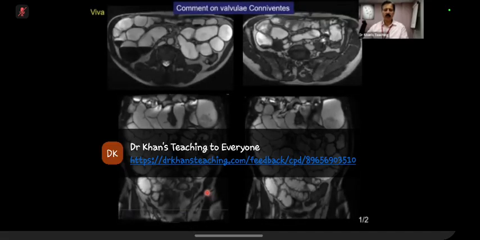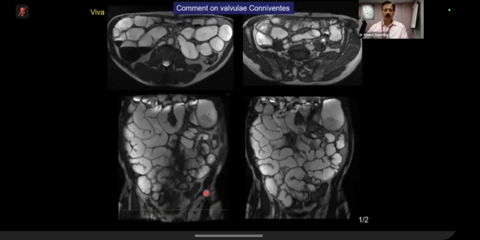This, on the other hand, is a case of celiac disease, and it is interesting because similar to what we have picked up earlier today, this is jejunum with no mucosal folds, and more distally, look at the ileum, jejunization. So this is an MRE of a similar case.